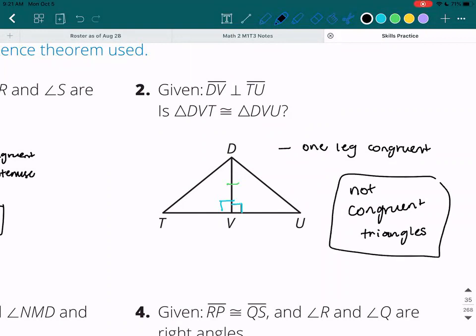Because it only gave us one piece of information. For all we know, the leg could have been this long. This is definitely not a congruent triangle. We never would have known. Just because they look congruent doesn't mean they are. Because the only information they gave us is that one leg is congruent. That's it.